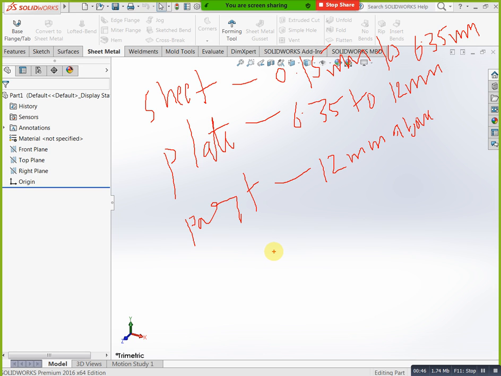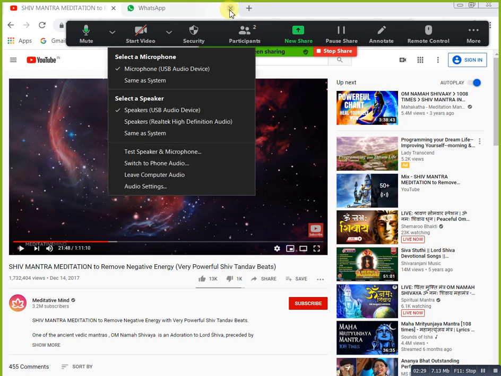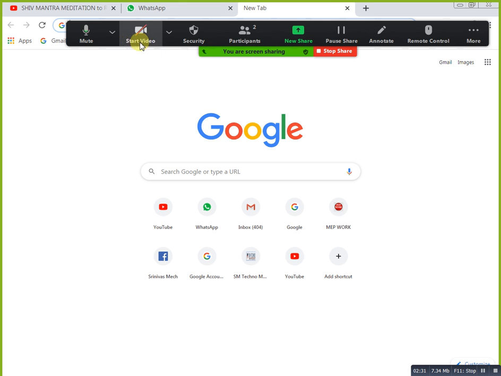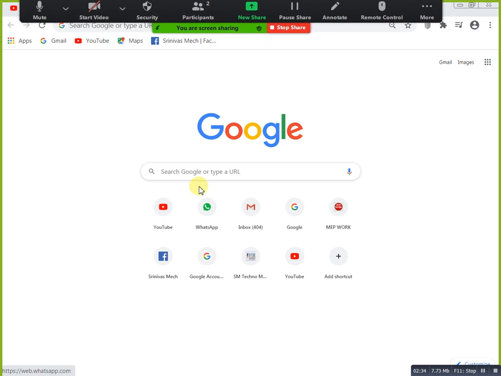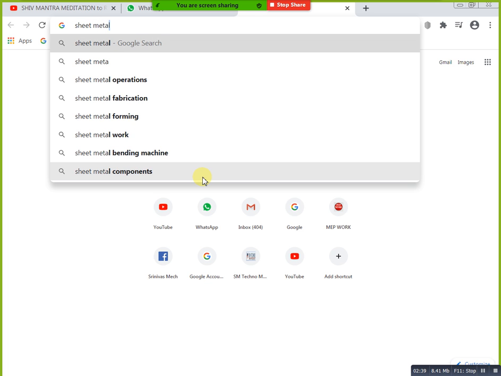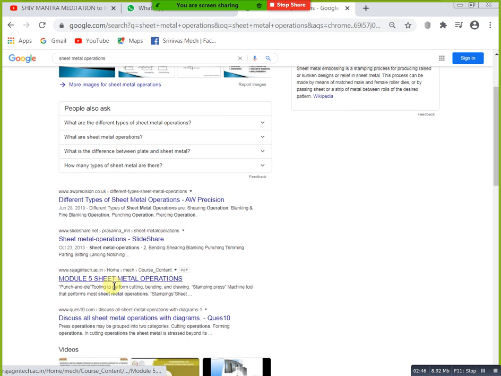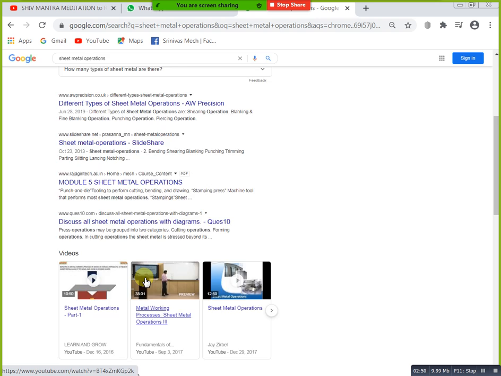What is each operation and where can we use them? First of all we will discuss the operation definitions. First, I will show some sheet metal operations to you for easy understanding.